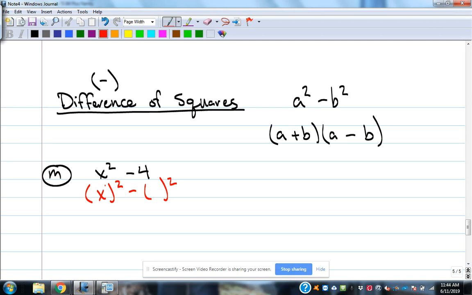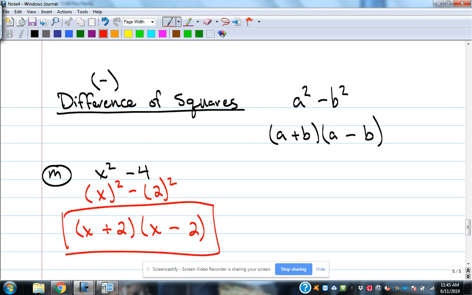X. What squared gives me 4? 2. 2 squared is 4, right? So we've rewritten this problem as a difference of squares. It's something squared minus something squared. That allows us to take it and factor it. X in the front of both of them, 2 in the back of both of them. One's a plus, one's a minus. And you're done.